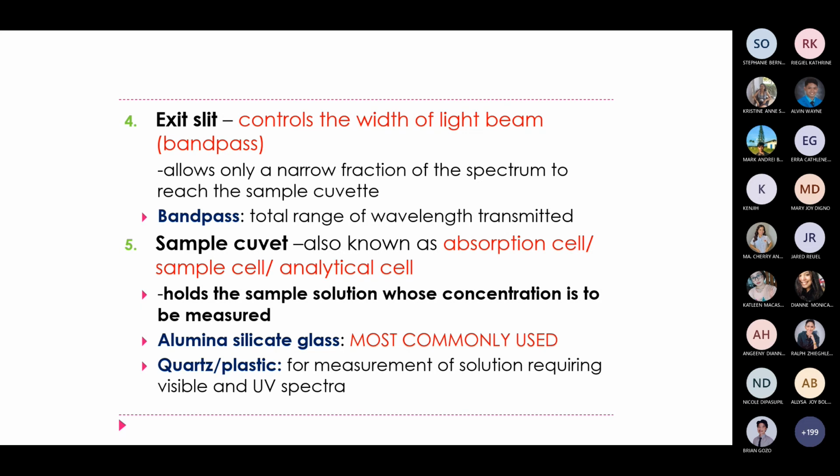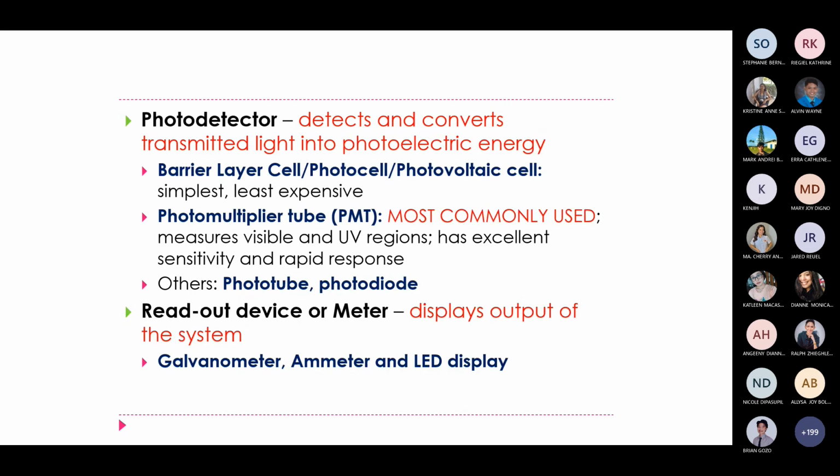Okay, for aluminosilicate glass, again, this is the most commonly used sample cuvette. And for quartz or plastic, this is for measurement of solution requiring yung visible and UV spectra. Okay, photodetector. Again, it converts the transmitted light into photoelectric energy or electrical output.